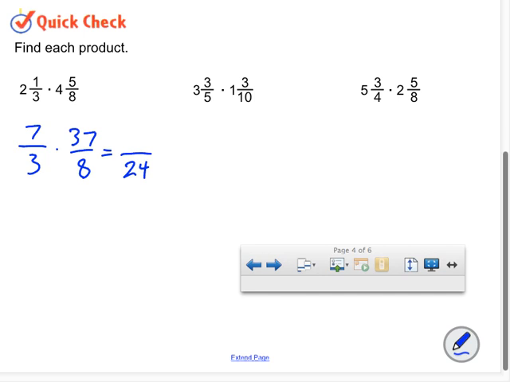Do you know it? Please don't call out if it's not your turn. I need everybody facing this direction. So I need to multiply the two numerators to get my new numerator.